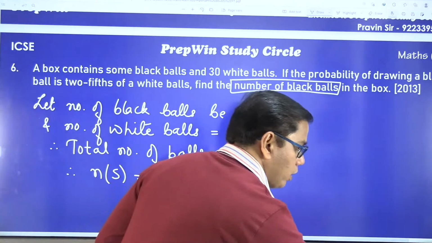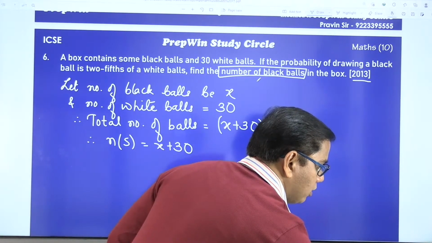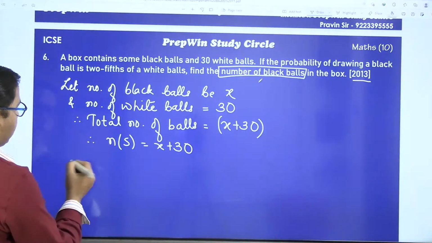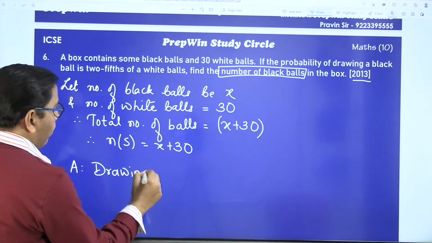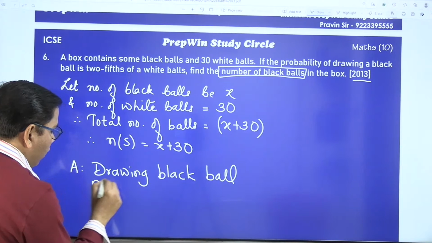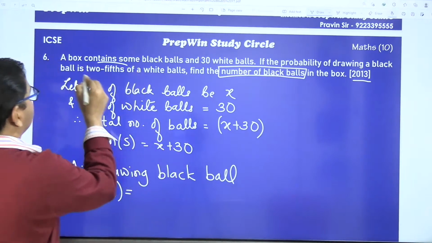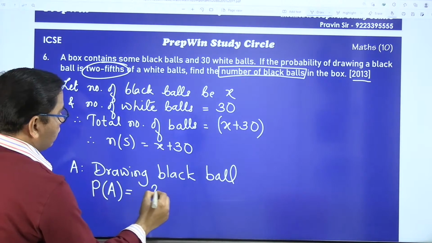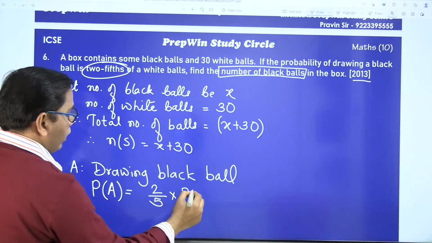Now this part is very important. This question was asked in the year 2013. If the probability of drawing a black ball, let us say A is the event of drawing a black ball, is given as 2/5 of the probability of drawing a white ball.